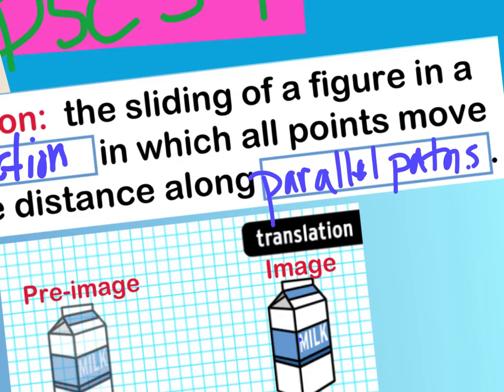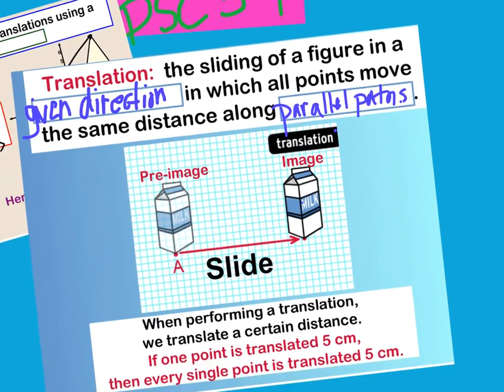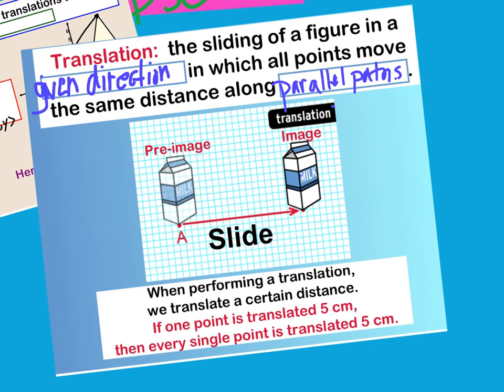Now, the most common mistake that people make when they are translating an object is that they forget to take a corresponding part and slide that corresponding part the same distance. So for instance, you can count the number of little squares that this slid, this point A to get to this point A prime. Point B will have to go that same exact number of spaces.